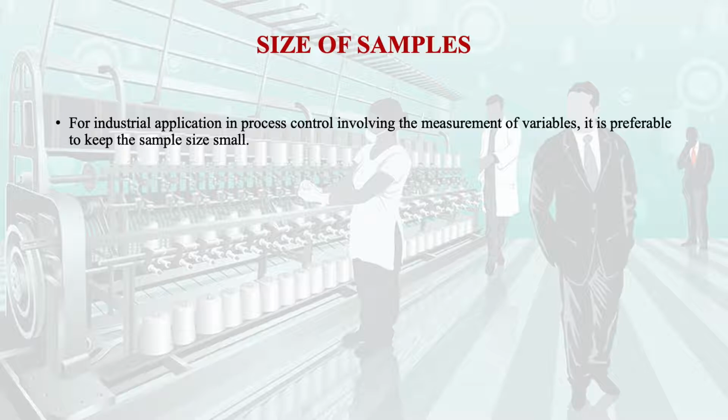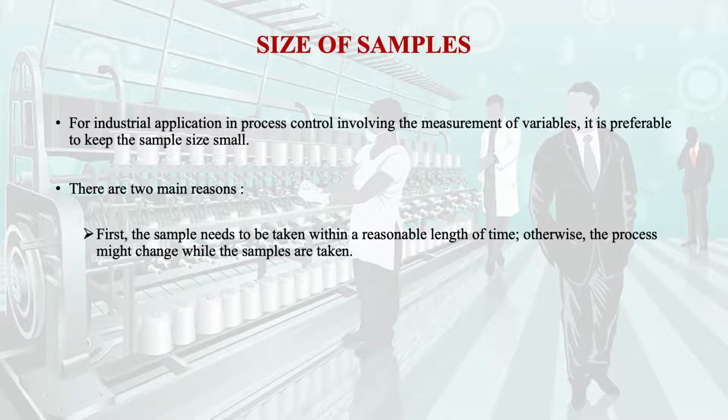For industrial applications in process control involving the measurement of variables, it is preferable to keep the sample size small. There are two main reasons. First, the sample needs to be taken within a reasonable length of time, otherwise the process might change while the samples are taken.